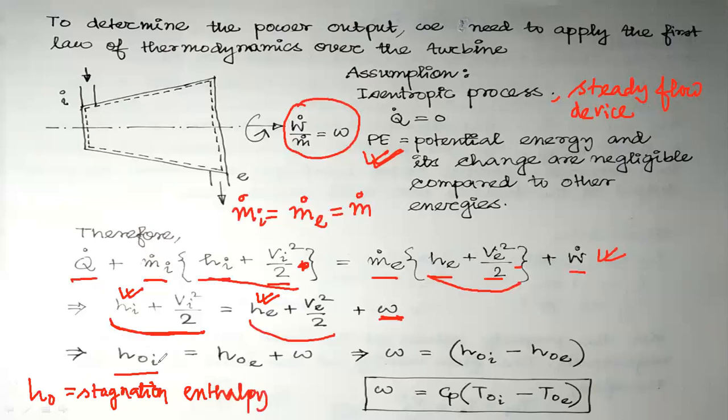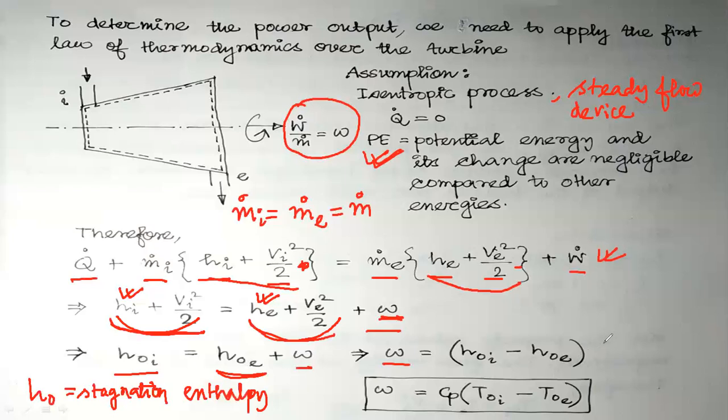So h0i is the stagnation enthalpy at the inlet. Similarly, he plus ve square by 2 is stagnation enthalpy at the exit. So h0i equals h0e plus w, that we have written. Therefore, w is equal to h0i minus h0e.